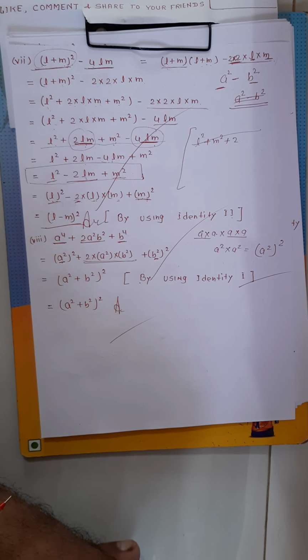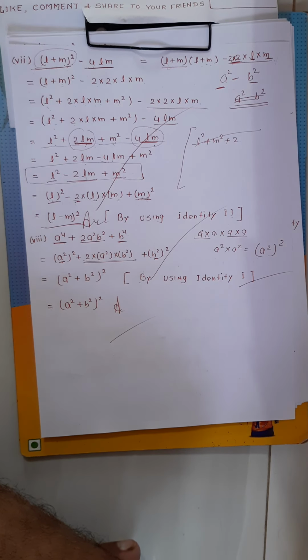First clear. Second, since we cannot use the common factor method, since we cannot use regrouping here, and since we cannot use identity number third, then what will we do?